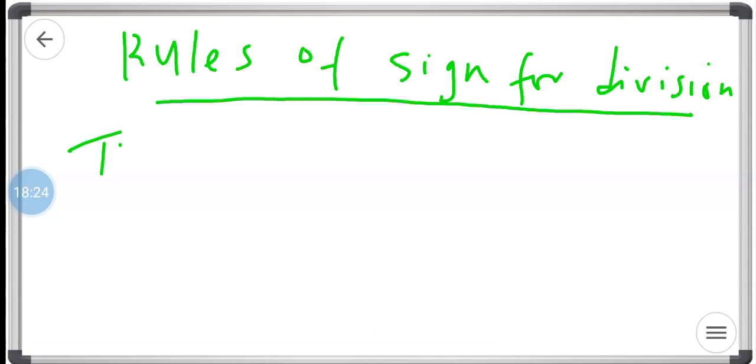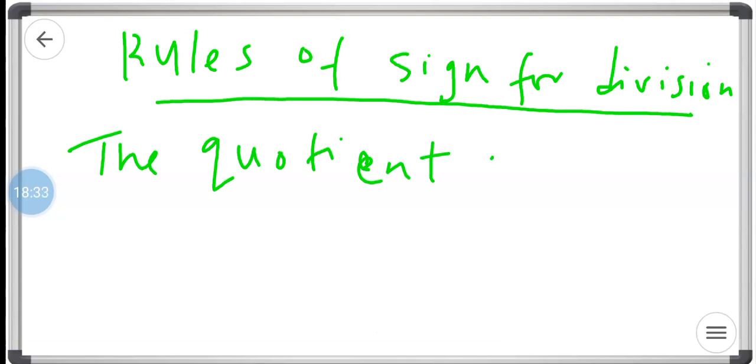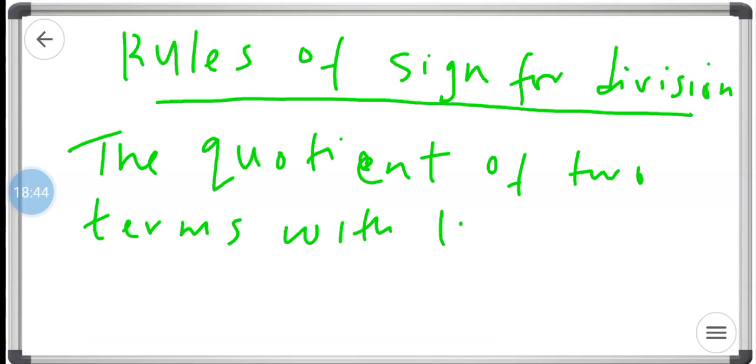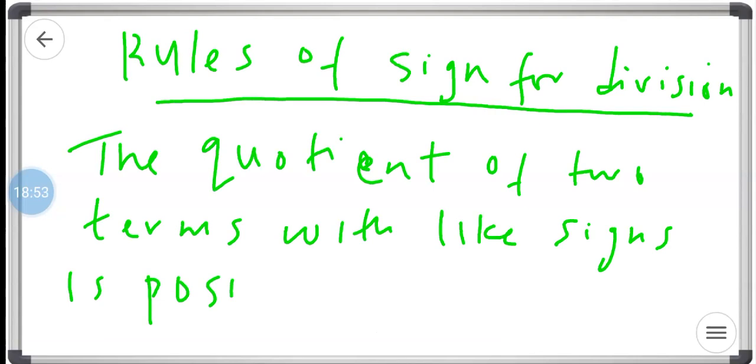Okay, let me write this. The quotient of two terms with like signs is positive.